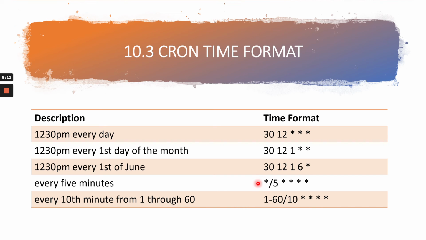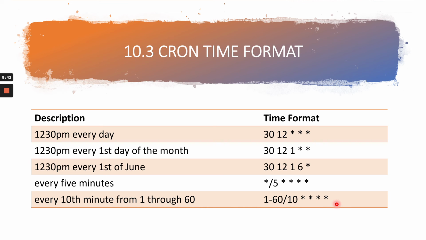For the first one, every 5 minutes, we put asterisk and then /5, each 5th minute. For the second example, we say the range of the minute from the 1st minute until the 60th minute, so the task needs to be executed every 10th minute. If I change the example to every 10th minute from 1 through 30, I need to put 1-30/10 here.